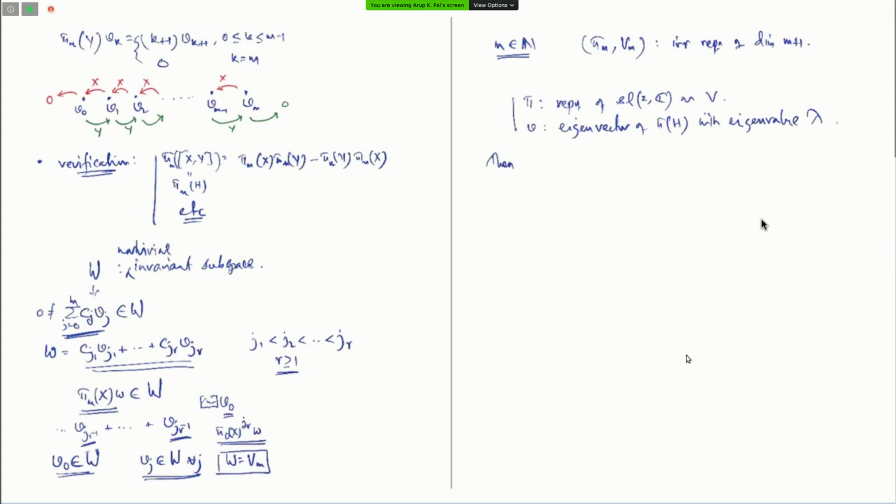Then either pi x v is 0, and when I'm saying this, I'm assuming that v is non-zero. When you say eigenvector, you basically exclude 0, because otherwise 0 would be an eigenvector for everything. So either pi x v is going to be 0, or pi x v is an eigenvector of pi h with eigenvalue lambda plus 2.